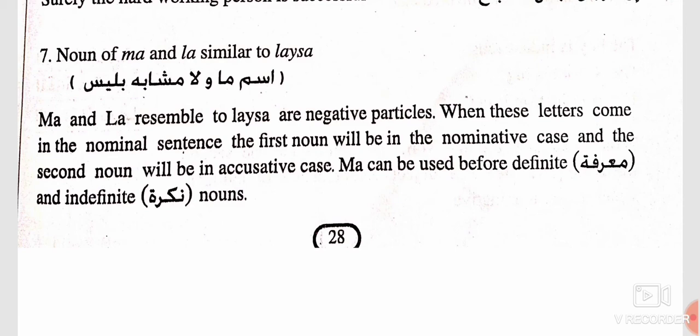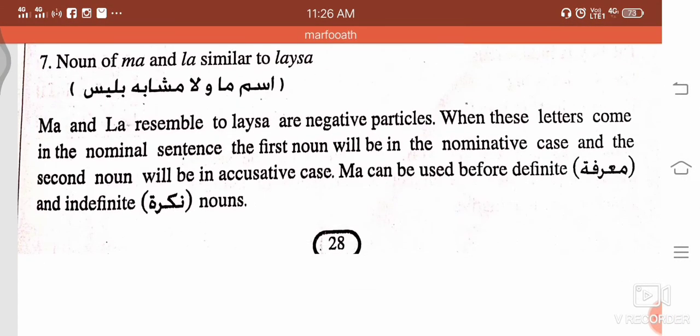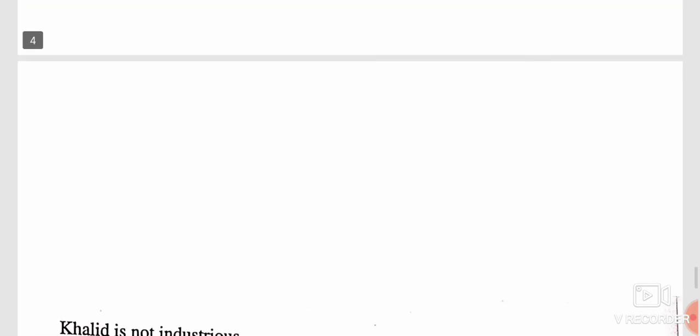When these letters come in the nominal sentence, the first noun will be in the nominative case and the second noun will be in the accusative case. Ma can be used before definite ma'rifa and indefinite nakira nouns. That's not important, just to understand that the noun of ma and la will be raf'a.